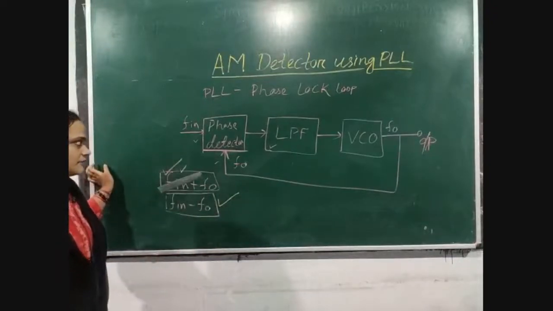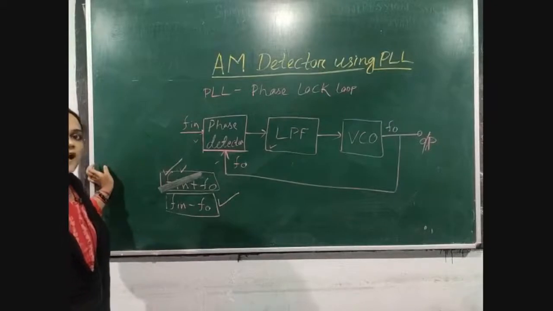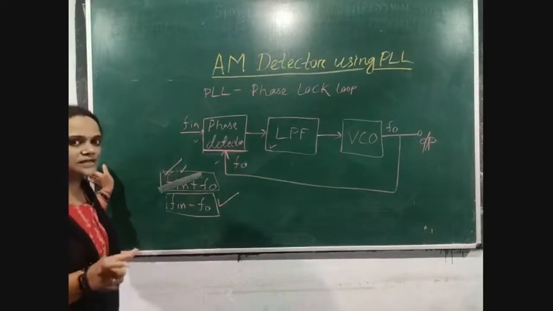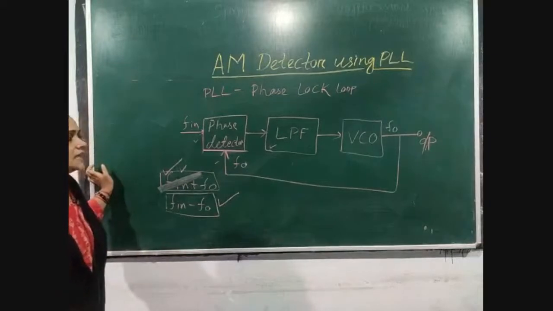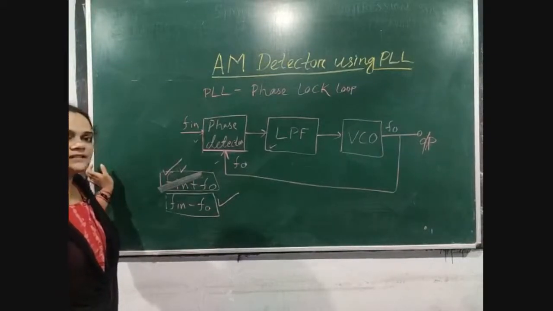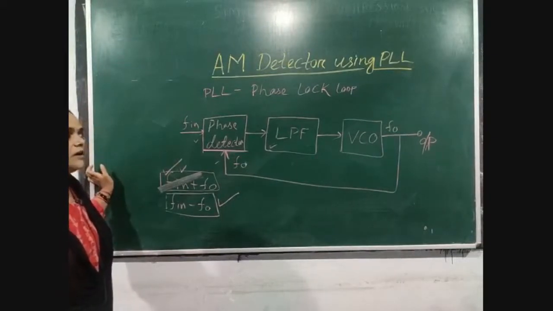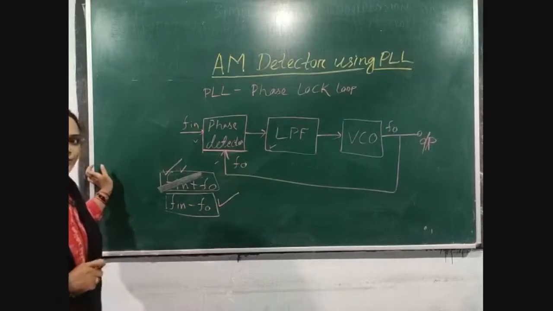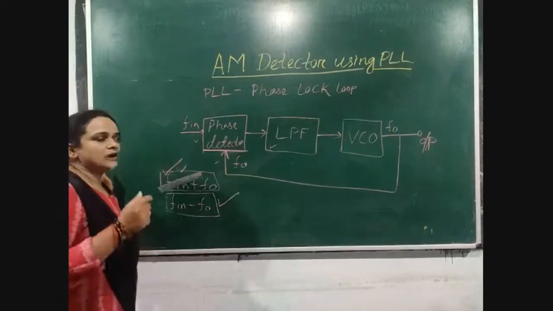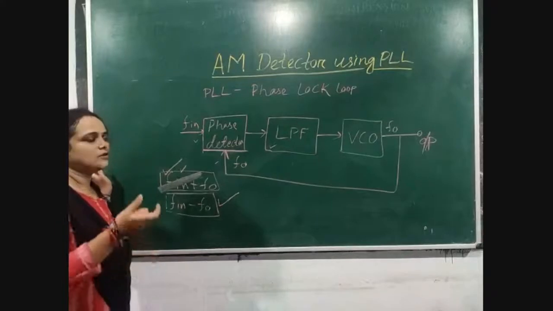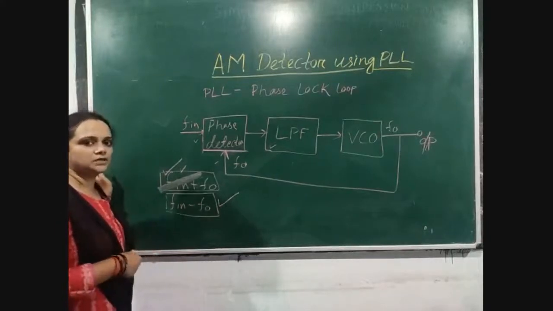The output of the phase detector is known as phase error signal, or we can simply say error signal. Then low pass filter output is given to the VCO as input. So VCO output depends on the input given to it.